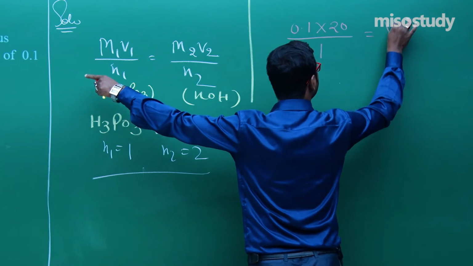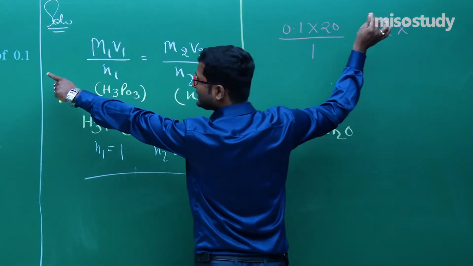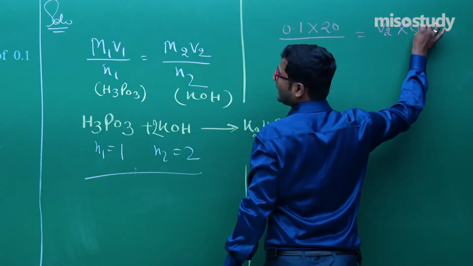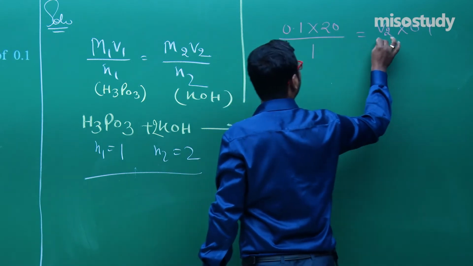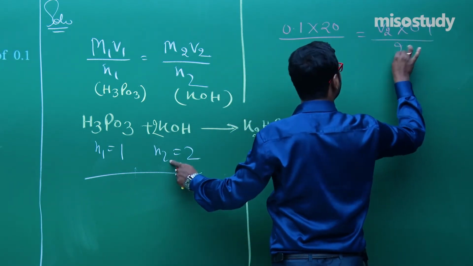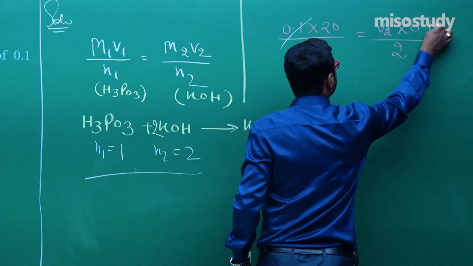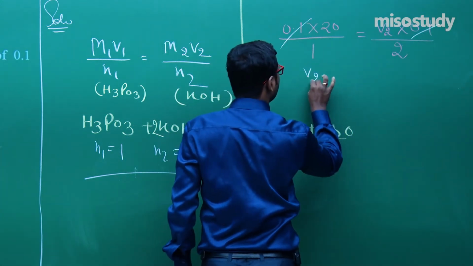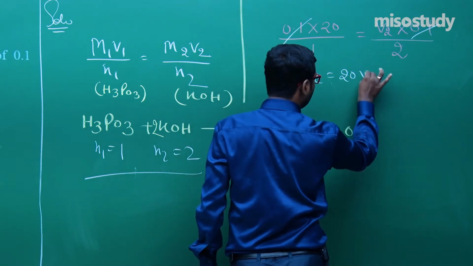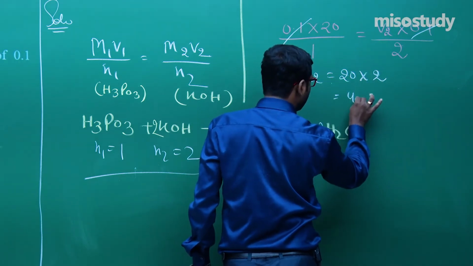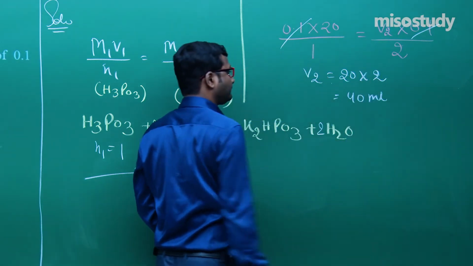We need V2, we do not know V2. What is M2? That is 0.1. And what is N2? That is 2. Yes sir, this is the complete solution. This will cancel this one. Now V2 is equal to 20 into 2, that is 40 ml.